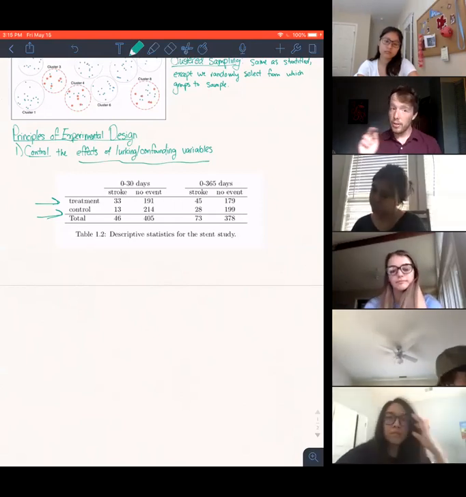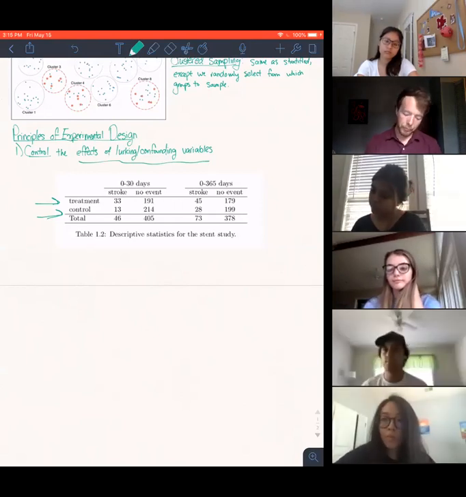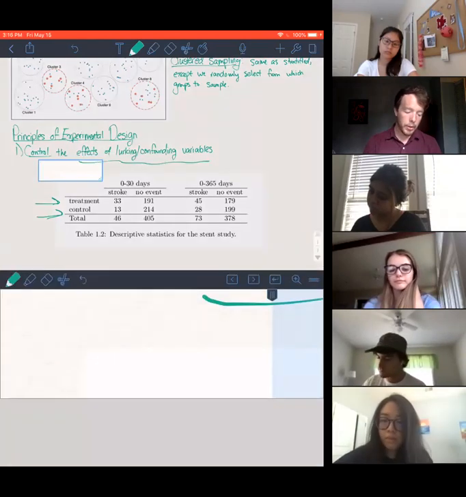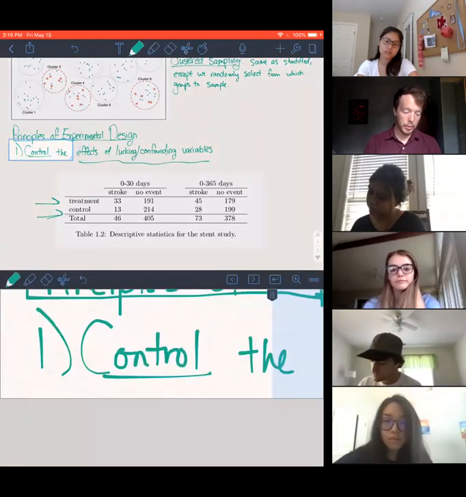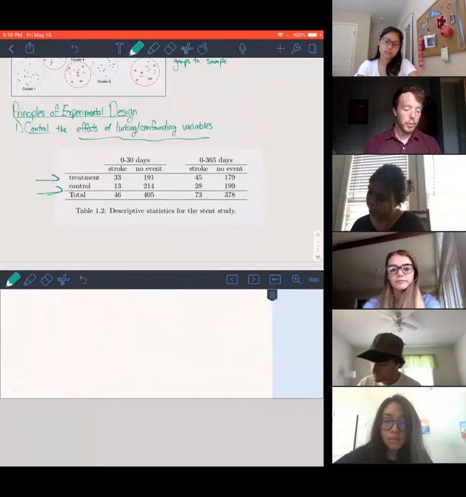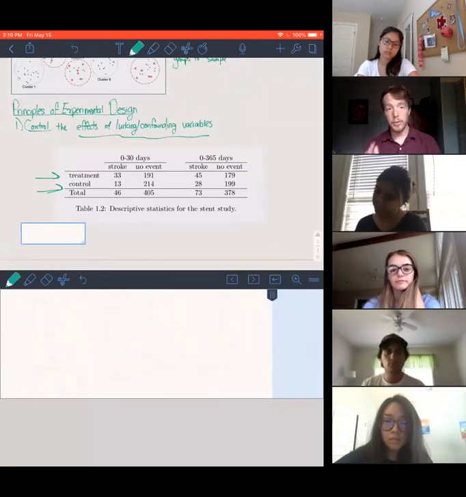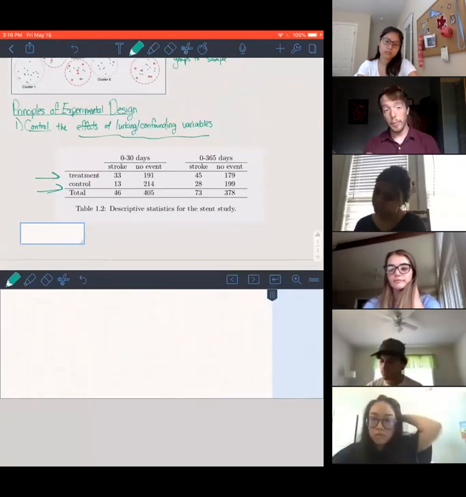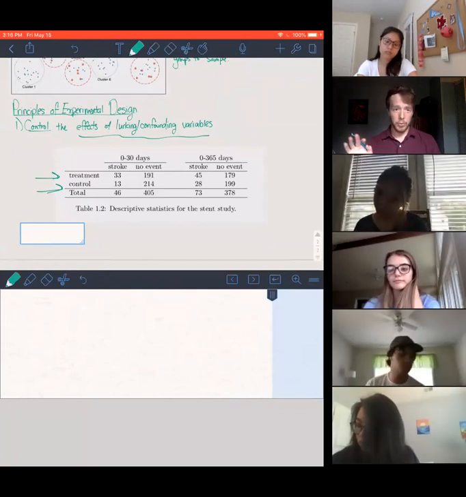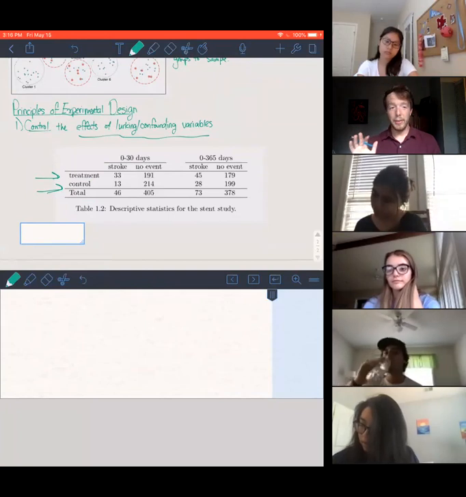And the only thing that changes is this single thing. Now, there are 2 things within this control category that I want to talk about. 2 other things besides just splitting into treatment and control that we should think about whenever we're attempting to get rid of anything affecting the groups other than the treatment itself that we're trying to study.